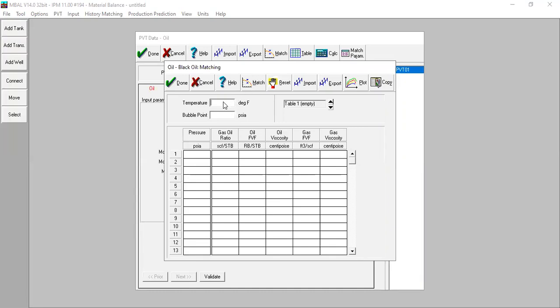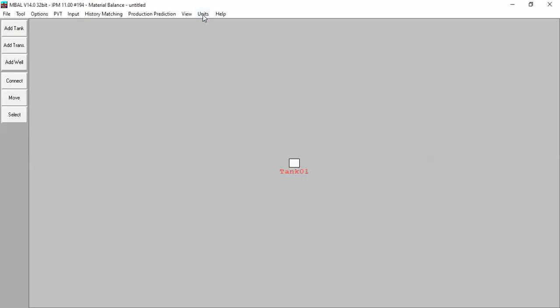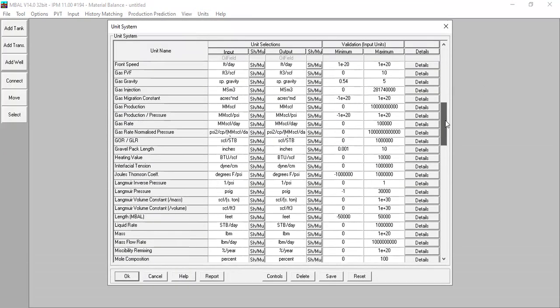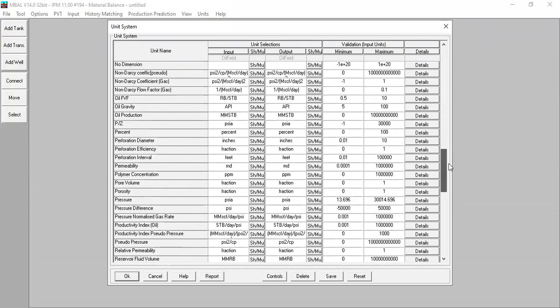The temperature is 250 degrees Fahrenheit with the bubble point pressure. Here the unit is in PSIA, but I will choose PSIG. So I will click done here, go to units, go to pressure. You can see the unit is in PSIA, absolute PSI. I will change to PSIG, so PSI gauge.